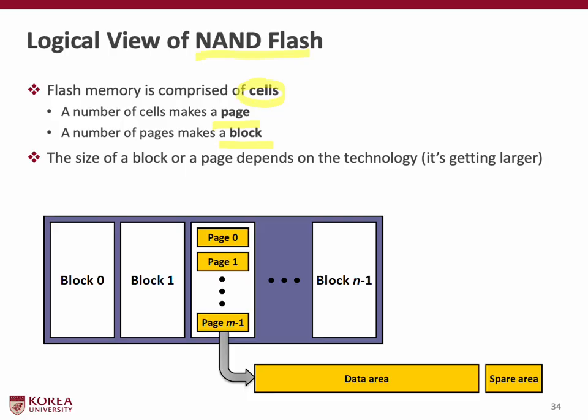The exact size of a block or page depends on technology, but they are getting larger over time. And most operations in flash memory happen at the page or block level, not at the byte level.